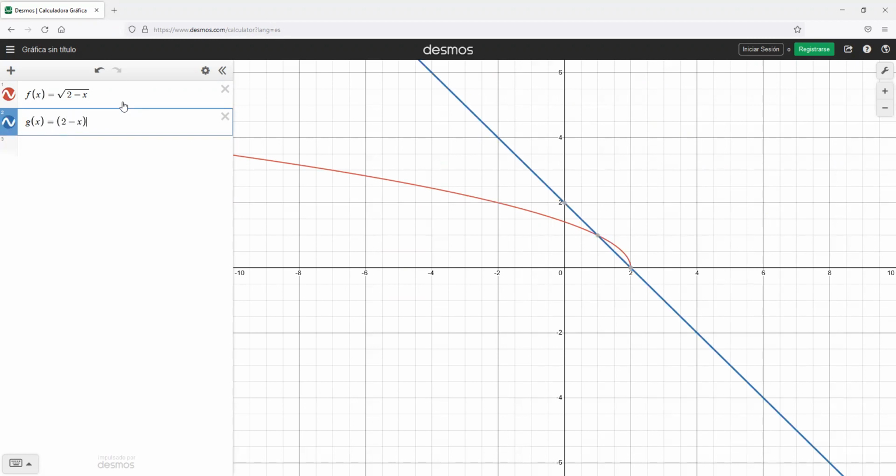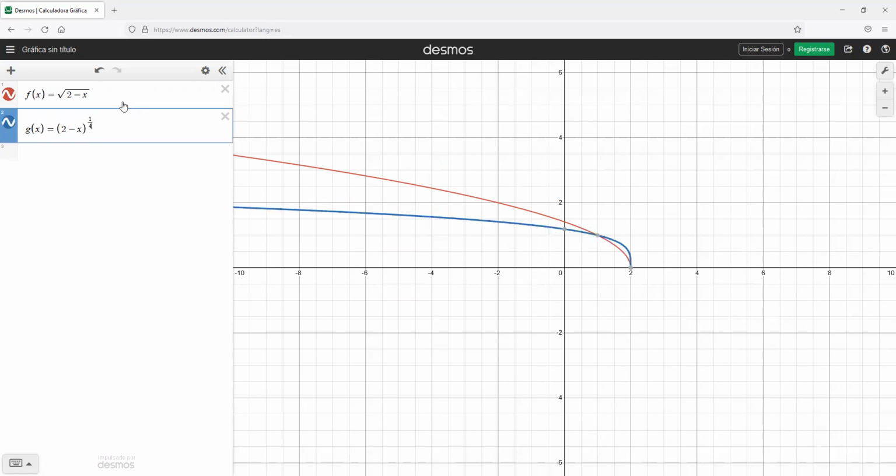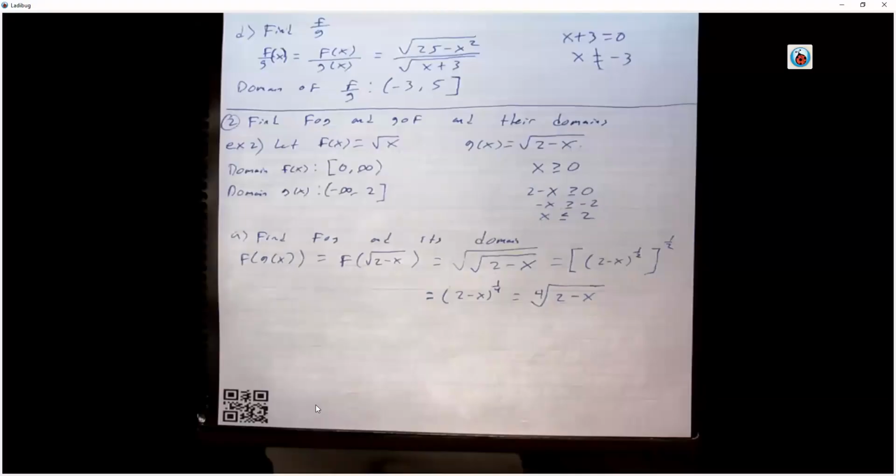Doesn't matter. Notice how they're covering the same x values, but they don't look the same. Right? Same domain, same restriction, because they're both even roots. Anyway, any questions on that?